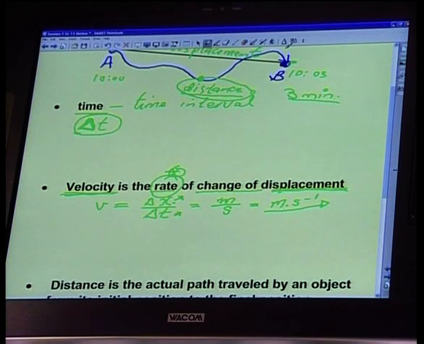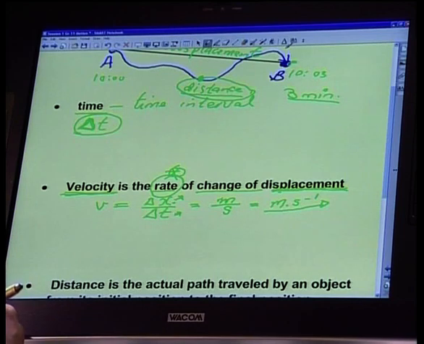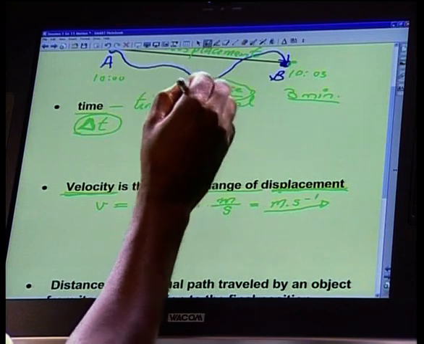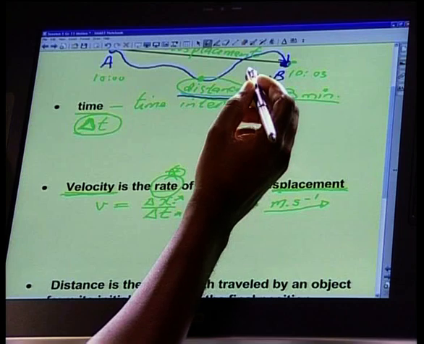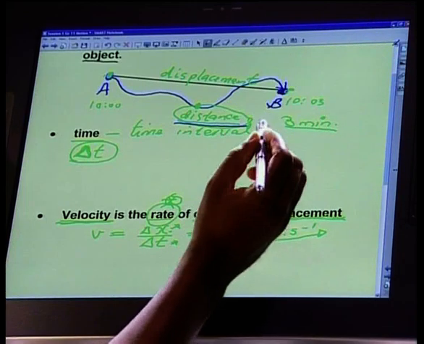Now, if we move on and talk about other quantities that describe motion, we will be going back to something I referred to earlier, which is distance. Let's look at it and refer back to the diagram that I drew. Distance is one of the quantities we can use to describe motion.